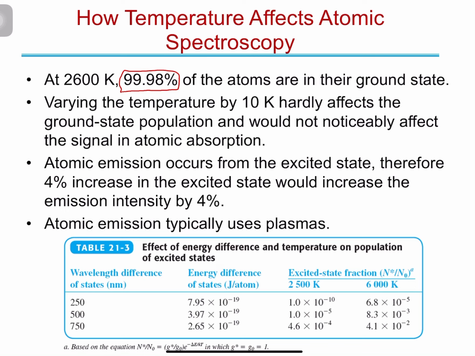This tiny increase will not affect atomic absorption spectroscopy, but it will have a great impact on atomic emission spectroscopy. Let's imagine you are in a big stadium with 50,000 spectators.